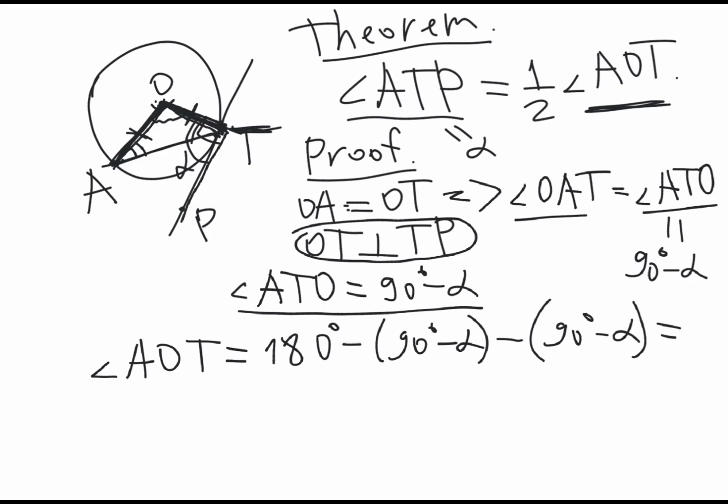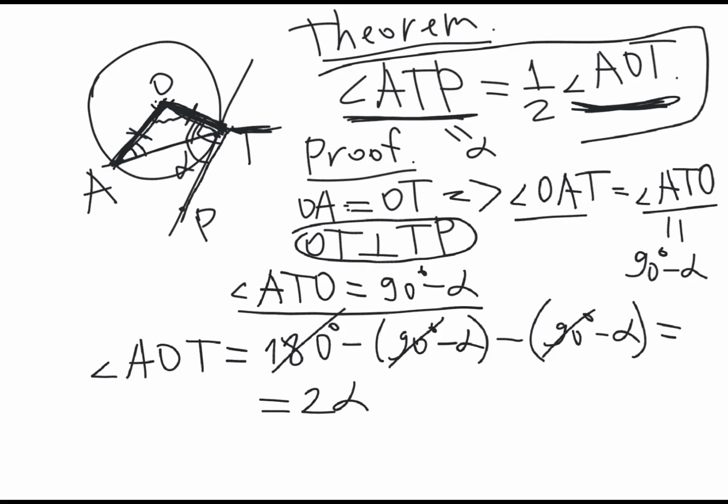And this is simply equal to 2 alpha, because 180 degrees and minus 90 minus 90 cancel each other, and it remains 2 alpha. So AOT, the central angle, is equal to 2 alpha, and the original angle ATP we denoted as alpha. So ATP is equal to 1/2 of AOT. So this equality holds, and this concludes the proof.